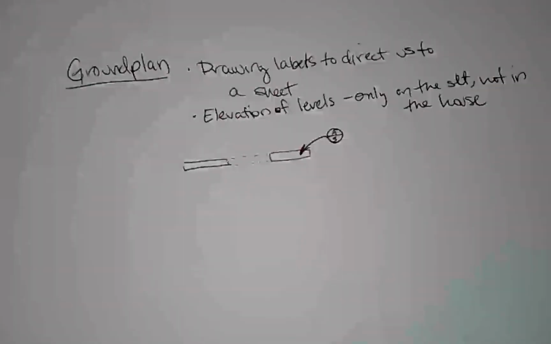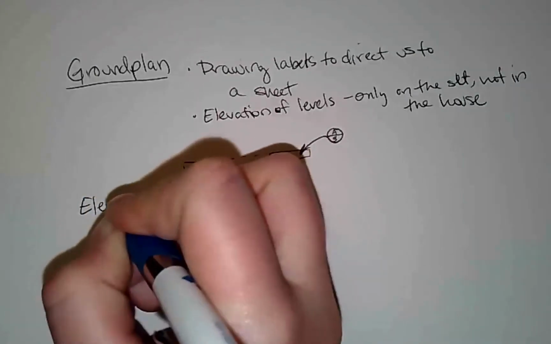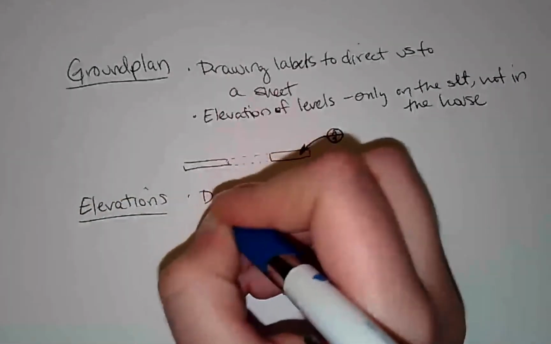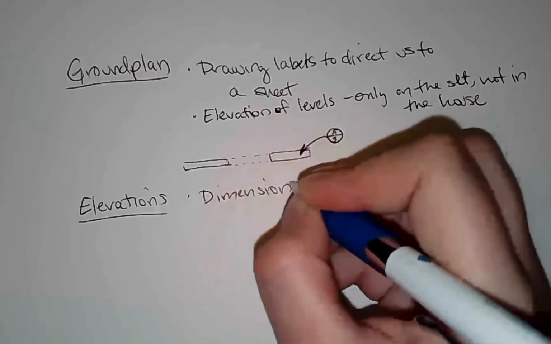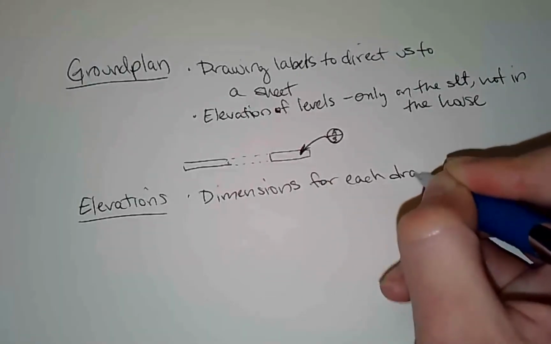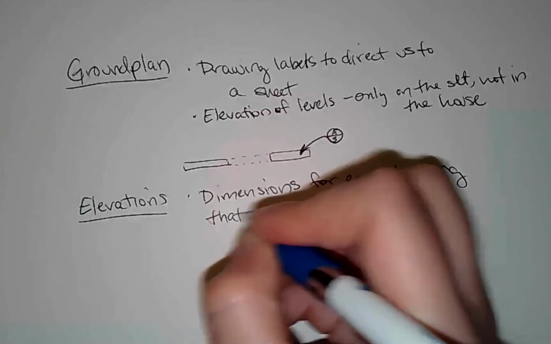Your section view doesn't need any particular dimensions or notes, so you can just flip the page right on past that. But then for your elevations, I want dimensions for each drawing that provide adequate information to build.